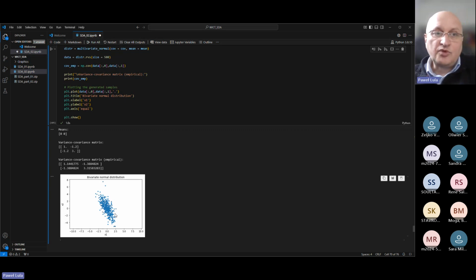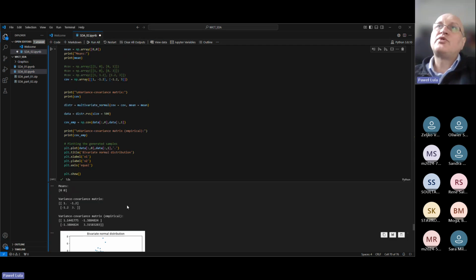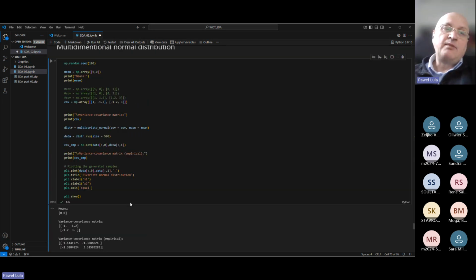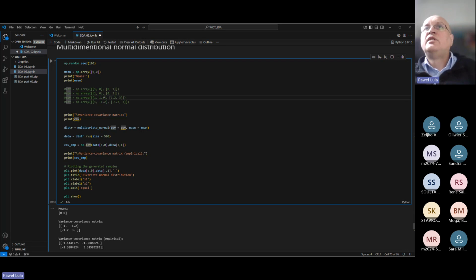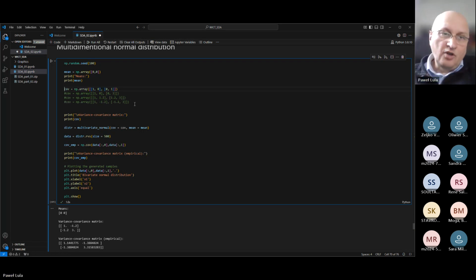It is not possible to use twice the generators which we used previously for generating X and Y coordinates. We should use multidimensional generators. And here I'm going to show you how to use a generator for multidimensional normal distribution.